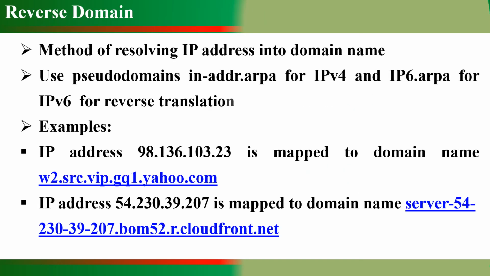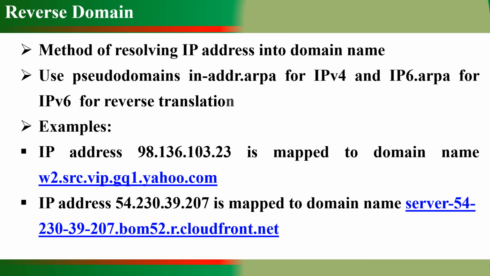We have already said that communication between hosts is based on IP address, not domain name. Some applications need to find a name for an IP address. In other words, find the reverse record. This process is the translation of an IP address into a domain name, which we call reverse translation.